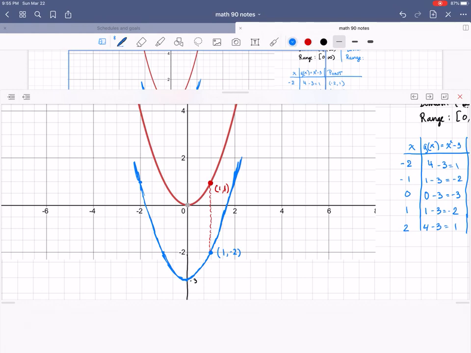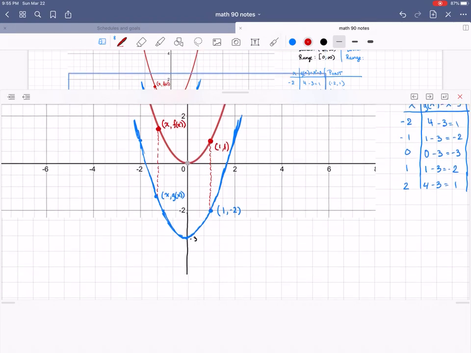And by that same token, if I pick some random point on the graph of G, so let's call this x comma G of x, and then I dot up, there's my point on the graph of F. It has the same x coordinate. So on the one hand, this point is x, f of x.